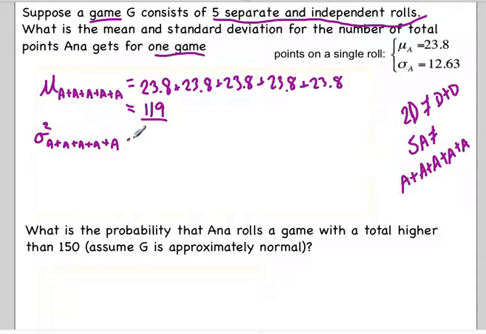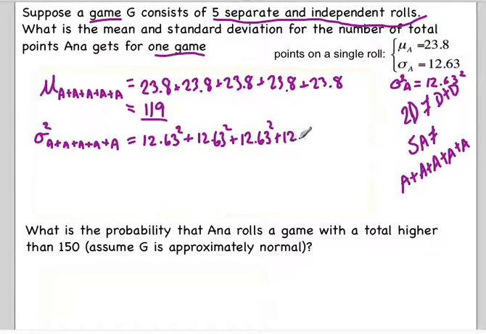Now the variance is the standard deviation squared. So the variance would be 12.63 squared. Okay, so I have 12.63 squared plus another 12.63 squared. That would be for the second roll. Here's the third roll. Here's the fourth roll. And then the fifth roll.